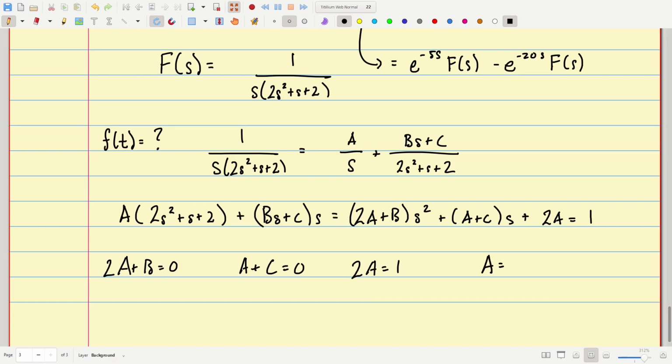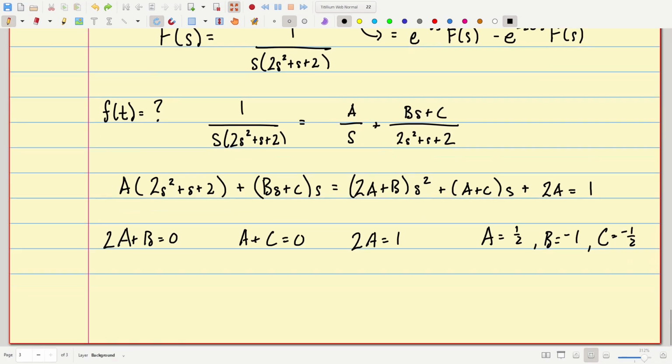That means that a is equal to 1/2, c is equal to negative 1/2 because c has to be the additive inverse of a, and b has to be equal to negative 1 because this equation has to be 0. Okay, we have our coefficients.